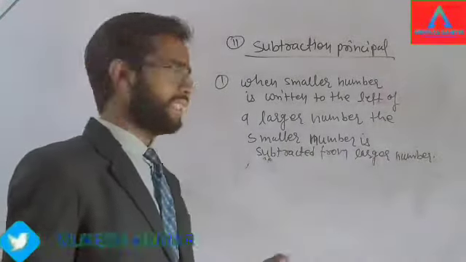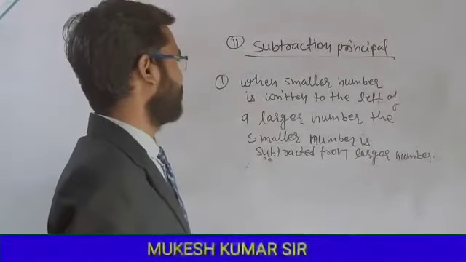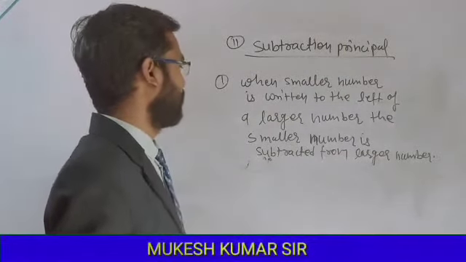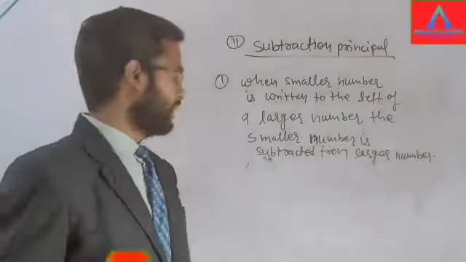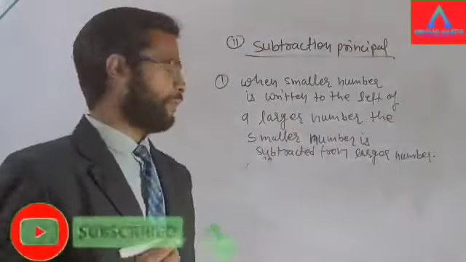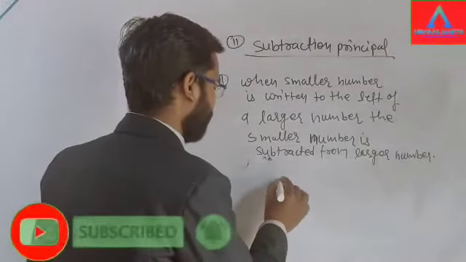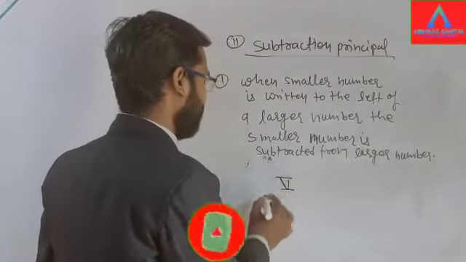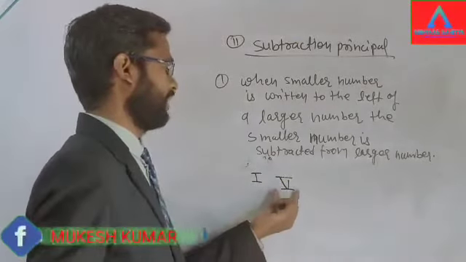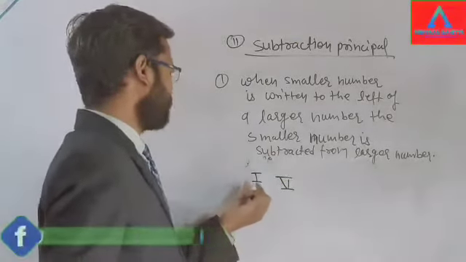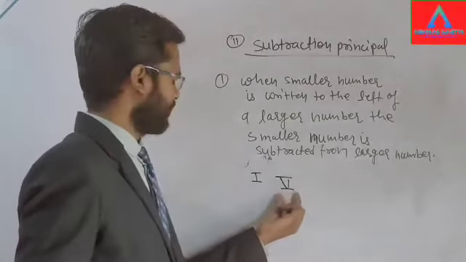So students, we see here, when a smaller number is written to the left of a larger number, the smaller number is subtracted from the larger number. If I want to write 4, I is 1 and V is 5. Why? Because 1 is smaller than V, 5.